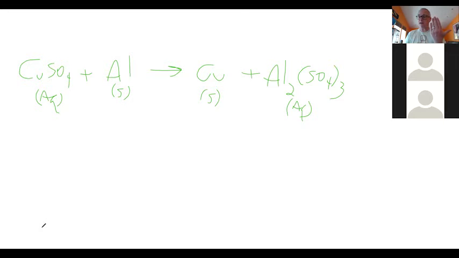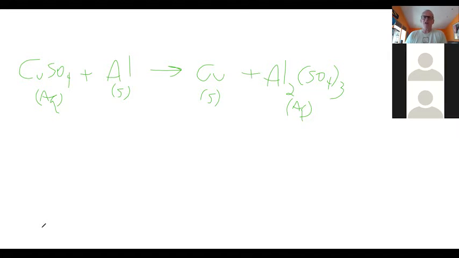We're taking aqueous copper sulfate, we're adding solid aluminum to it. The single replacement reaction takes place, where basically the aluminum and the copper switch places. The aluminum was a solid, and the copper was an ion in solution with sulfate, and they switch places. Now the copper becomes a solid, and the aluminum becomes an ion in solution.